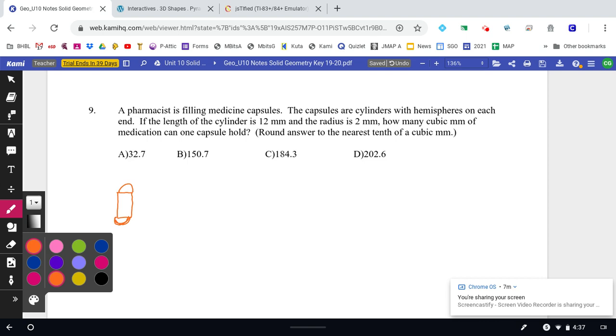What we want to think of is the volume of my cylinder, so pi r squared h. And then I've got 4/3 pi r cubed, and since we have two hemispheres, that's going to give us one sphere.